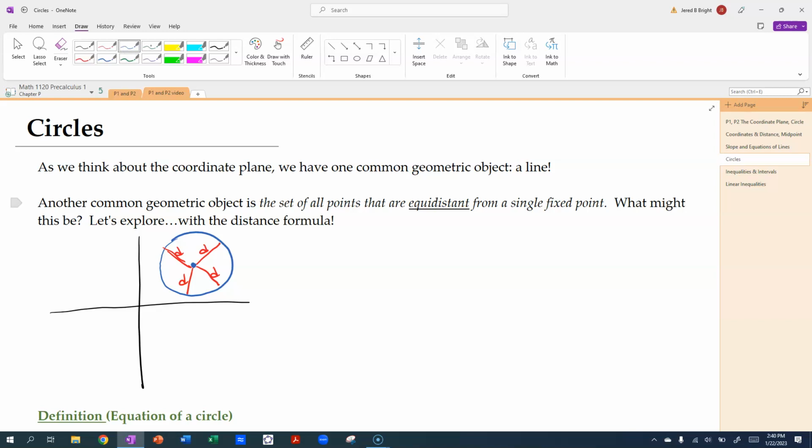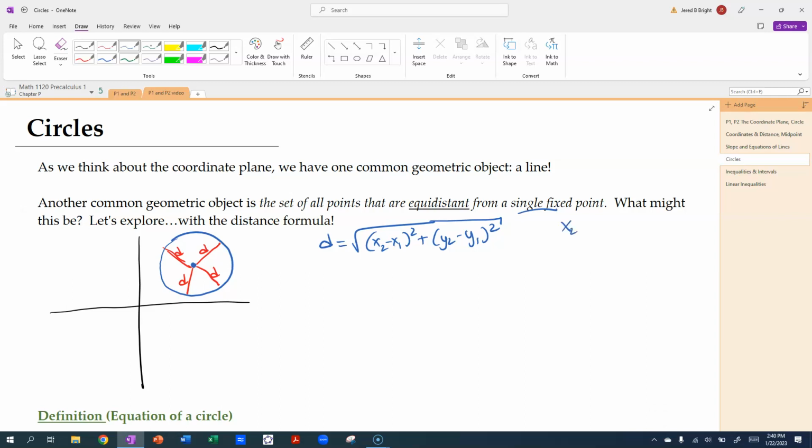Algebraically, let's look at the distance formula. Okay, so the distance formula we know is the square root of x2 minus x1 squared plus y2 minus y1 all squared. And what we're going to do is fix a single point.